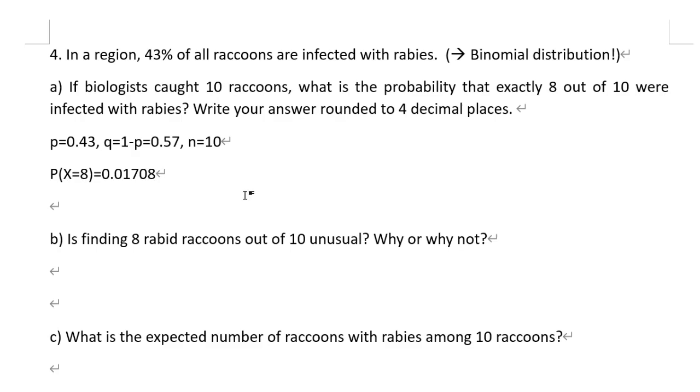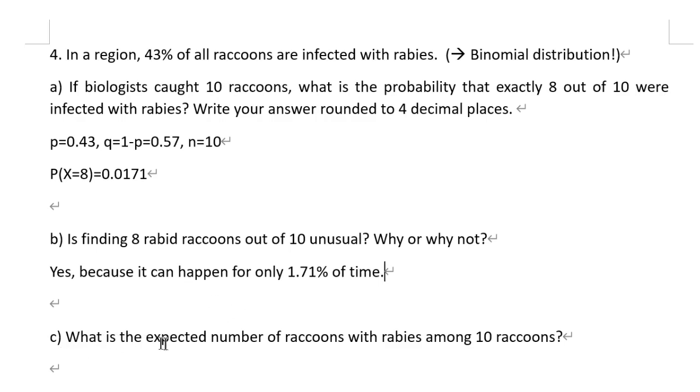Okay. It says rounded to 4 decimal places, so I guess if you round it's this. So is finding 8 raccoons out of 10 unusual? It's very unusual because it can only happen in less than 2% of time. So yes, because it can happen for only 1.71% of time.